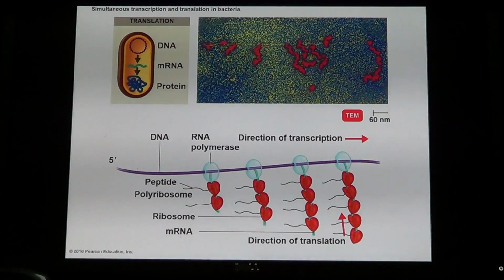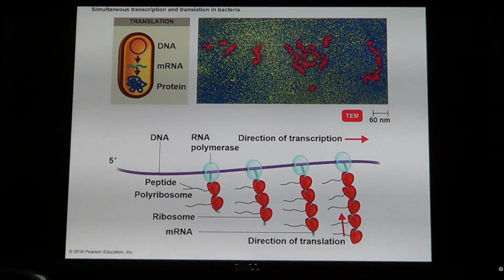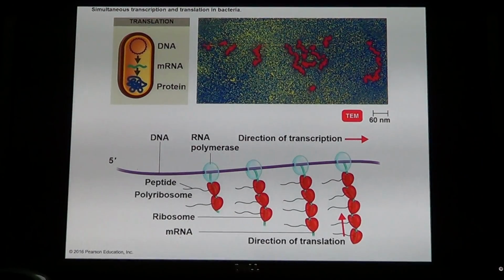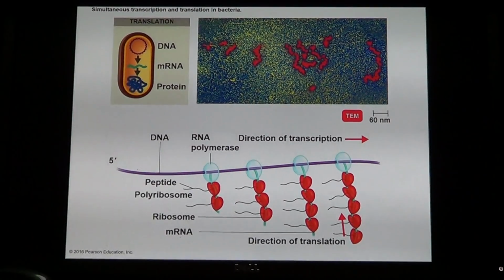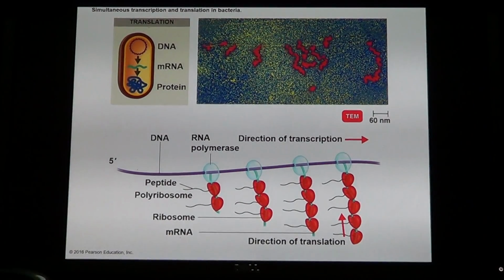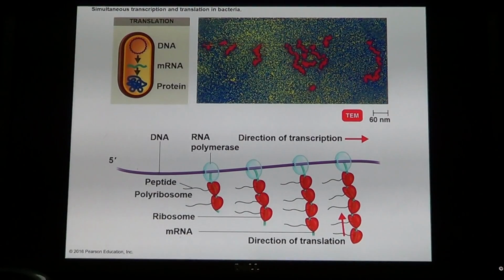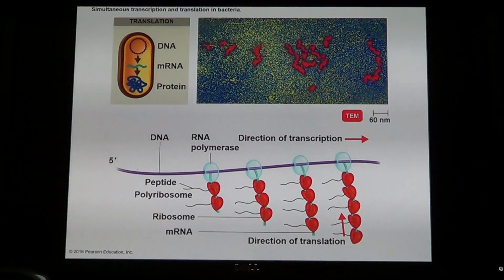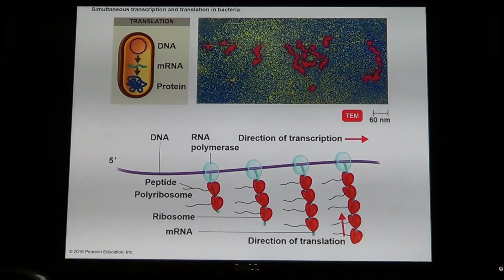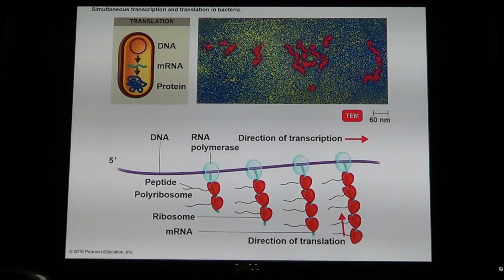And very often the translation for prokaryotic cells is typical, but for eukaryotic it's not possible while transcription is not completed and proofreading of messenger RNA is not done completely.